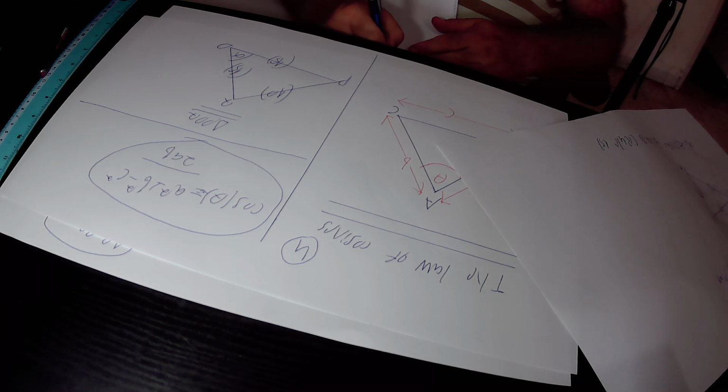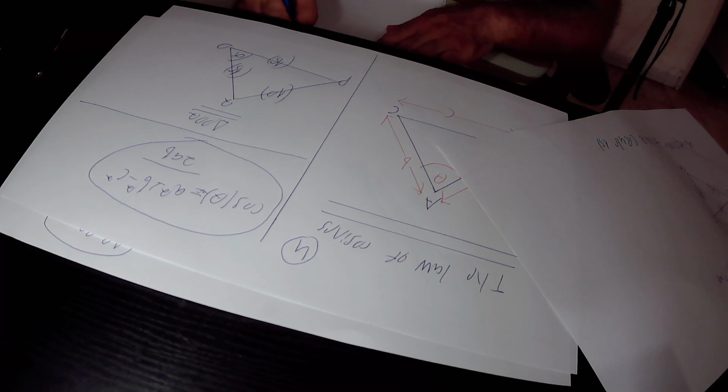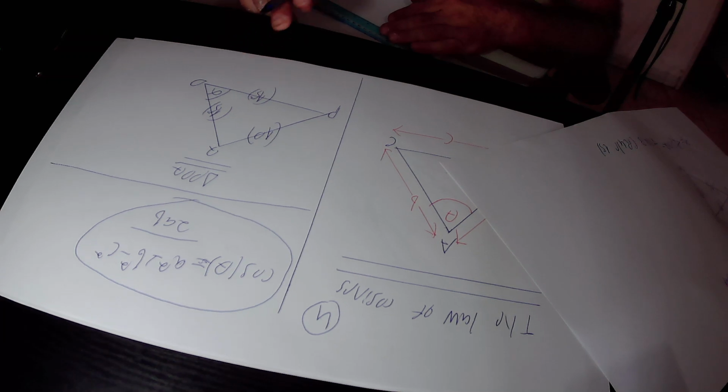cosine alpha, this will be equation 1, cosine alpha equals 15 squared plus 15 squared minus 10 squared over 2 times 15 times 15.